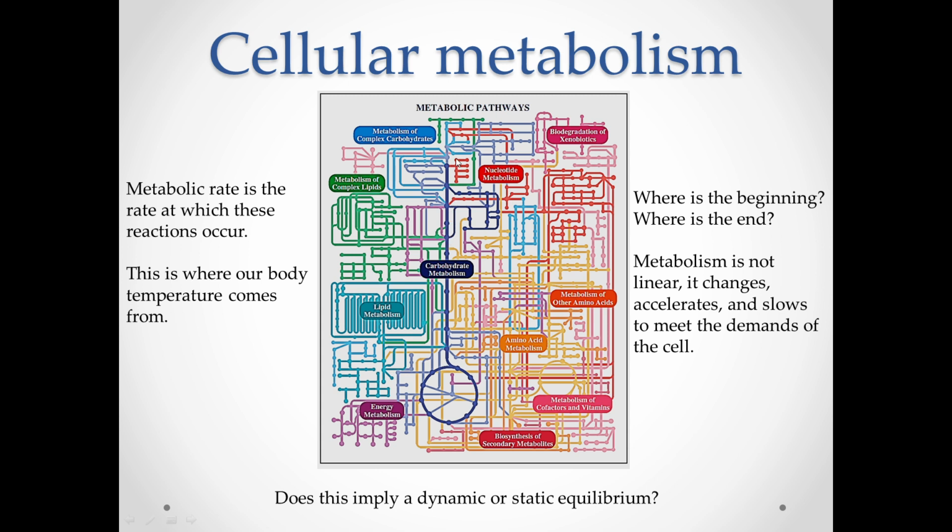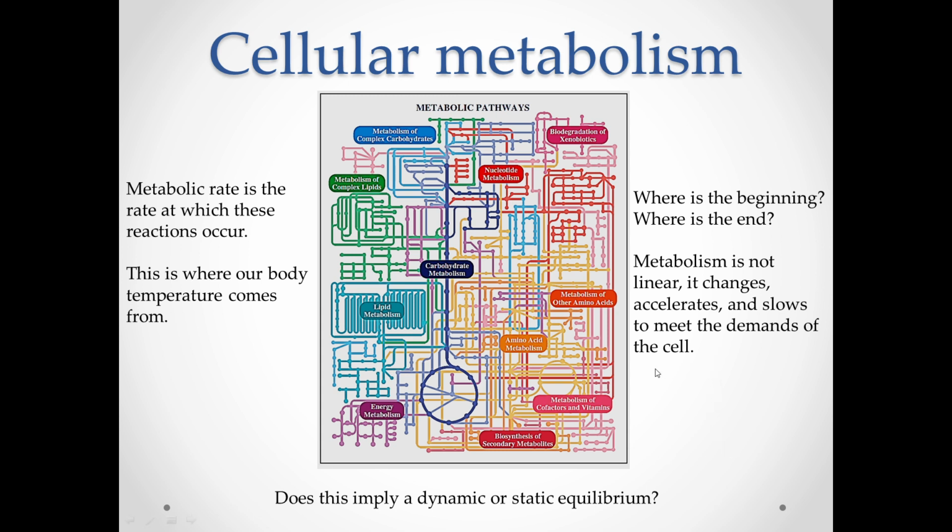And so, for the purposes of our class, and for the purposes of our discussion in respiratory therapy, we will define metabolic rate as the rate at which your body metabolizes glucose. Ultimately, your metabolism is where your body temperature comes from. An increase in metabolic rate signifies an increase in temperature.